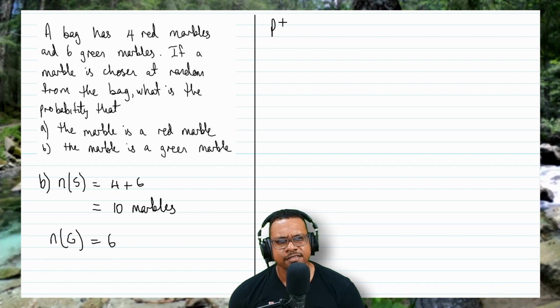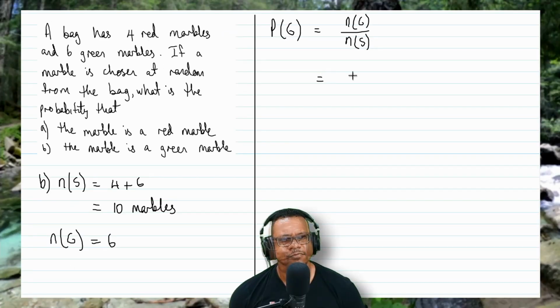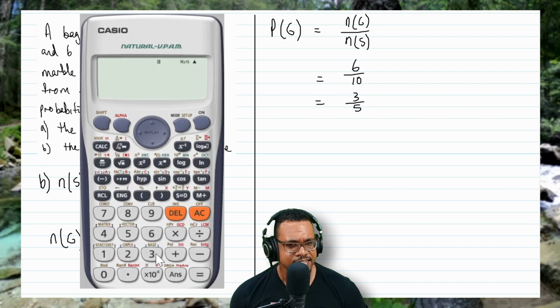And now the probability of getting a green marble, so I use P with G in brackets, meaning the probability of getting a green marble, is equal to the number of green marbles over the number of elements in the sample space. So that'll be 6 over 10, which is equal to 3 over 5. And as a decimal, 3 divided by 5 is equal to 0.6.